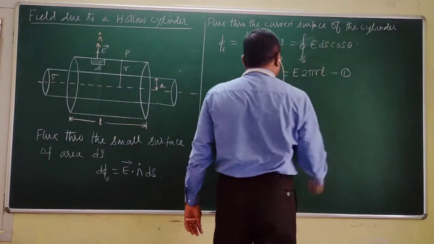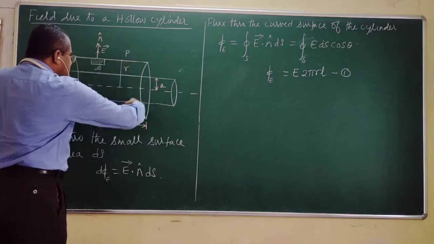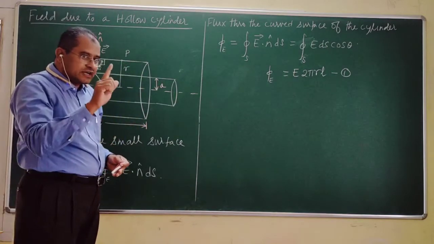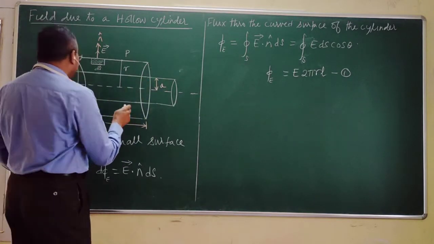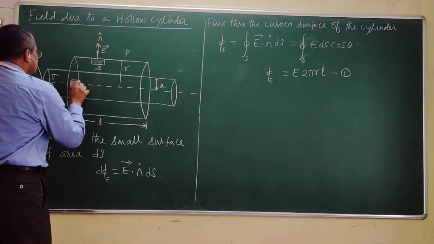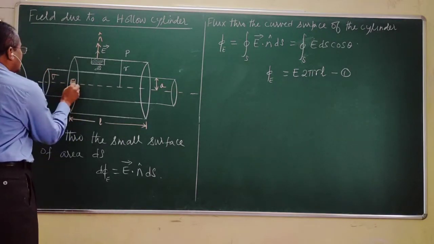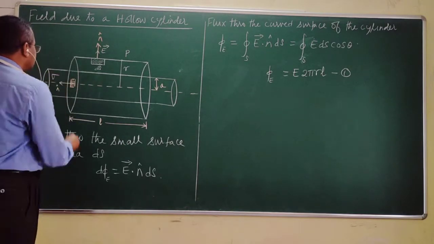Is that okay to you, sir? Now, we have taken account of the curved surface. We have not yet taken account of the caps of the cylinder. If you take the caps anywhere here and you take a small surface, as we all know, we need to draw a unit vector normal to the surface.